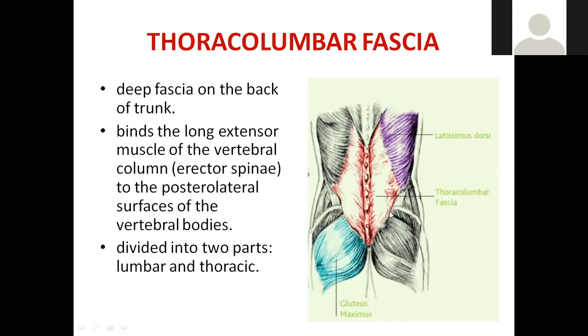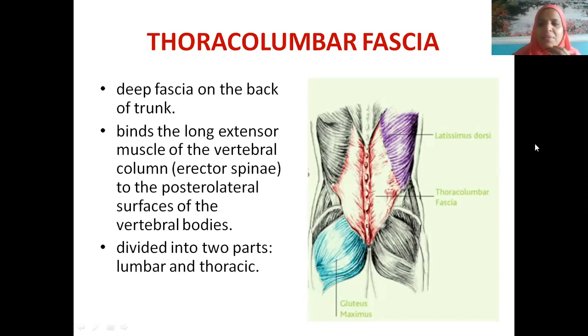Now the thoracolumbar fascia is the deep fascia of the back of the trunk. It is binding the long extensor muscles of the vertebral column. In my previous PowerPoint I have shown you how many layers the thoracolumbar fascia has.